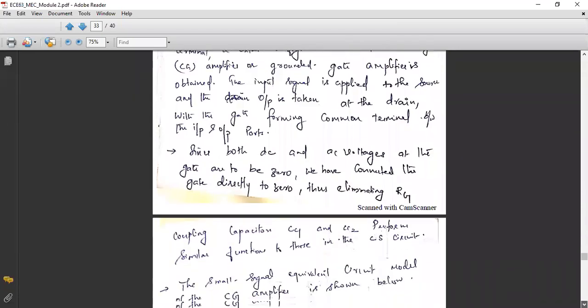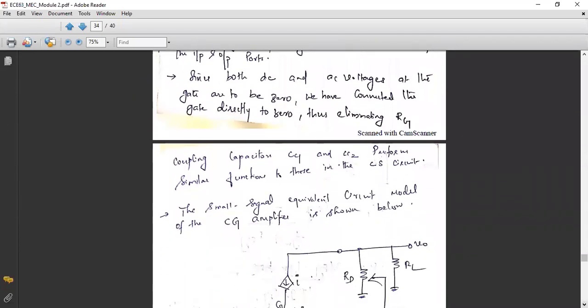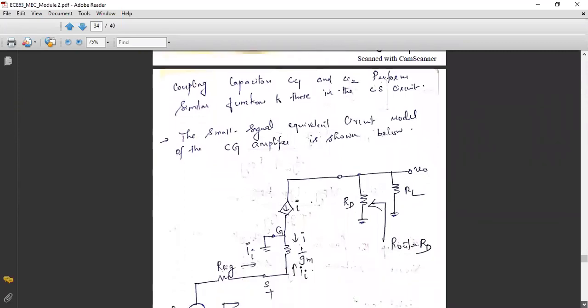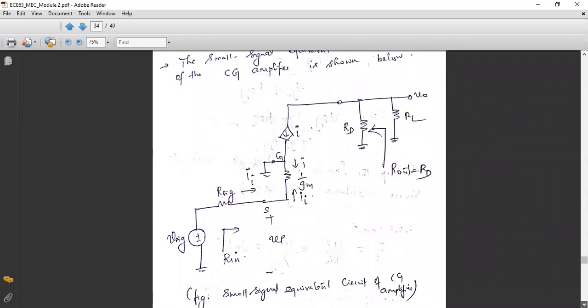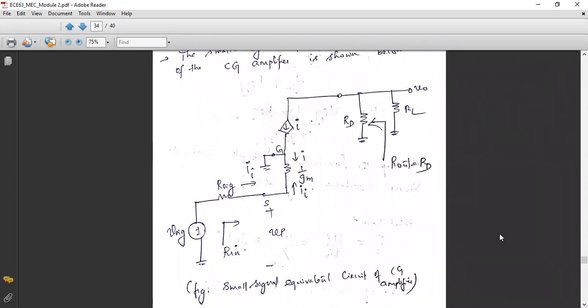Now we are going for the analysis of the circuit. For this we need to convert it into the AC equivalent circuit. While drawing any small signal equivalent circuit, you have to keep two things in mind. One is we will not consider any capacitors, because capacitors will appear as short circuits. And we are not going to consider any constant current sources as well.